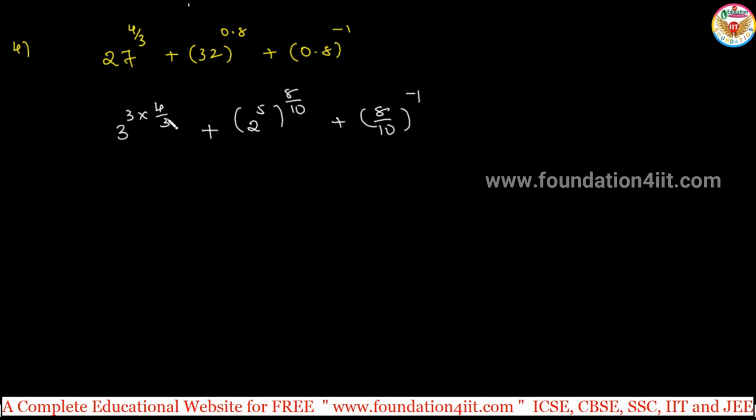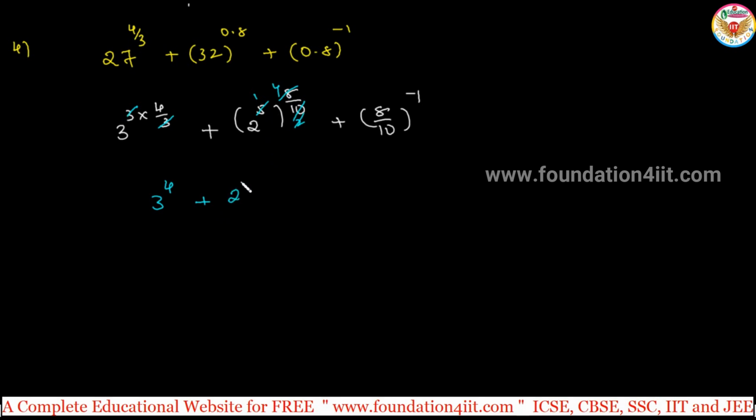Now you can simplify. The 3s get cancelled, giving 3 to the power 4, plus 5 times 0.8, which is 4, so 2 to the power 4, plus 8 by 10 to the power minus 1; if you write 10 by 8, it becomes power 1.